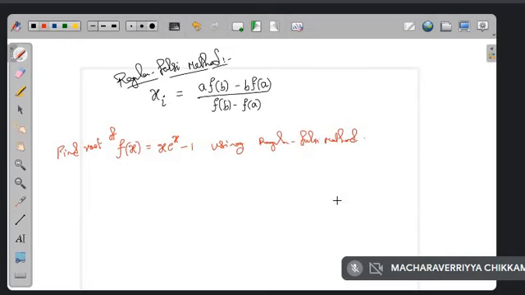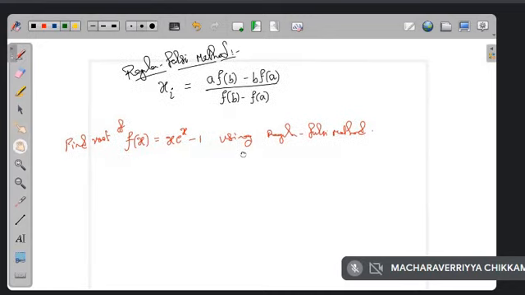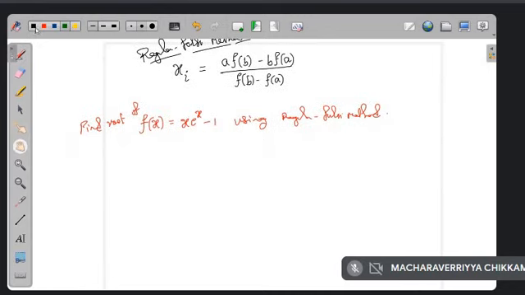So find the root of this using Regula Falsi. What shall we do? Initially, we need to look for an interval where the root is, using the intermediate value theorem, so you go for trial and error. What is f of 0 here? 0 into e power 0 minus 1, that is 0 minus 1, which is negative 1.